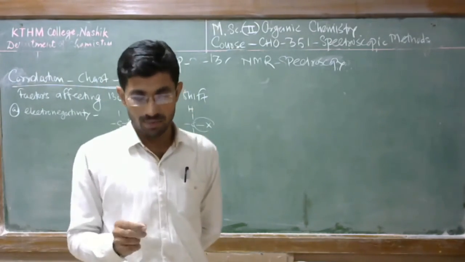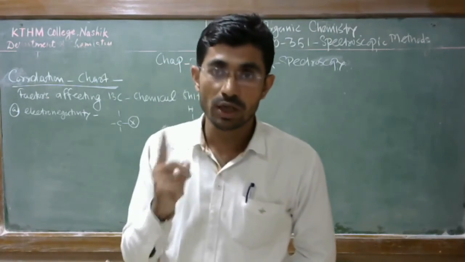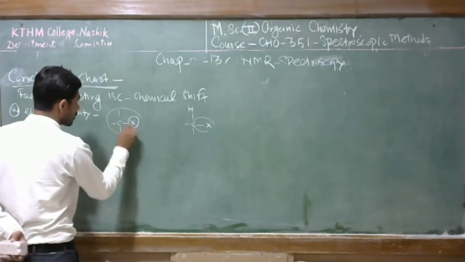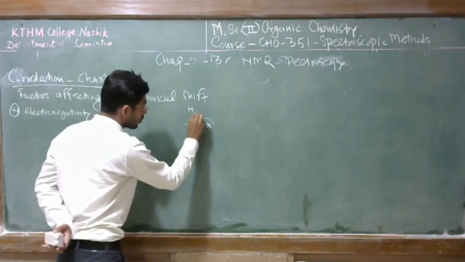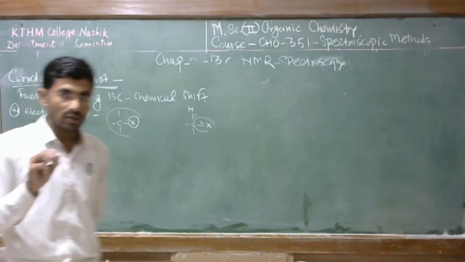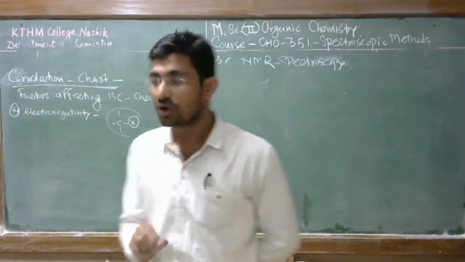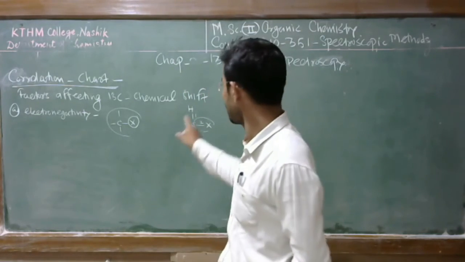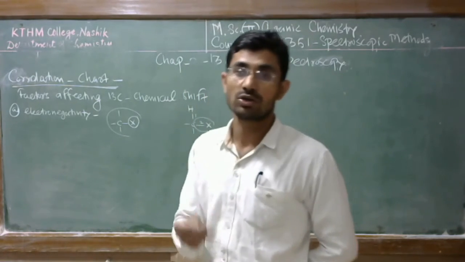So in 13C NMR, the effect occurs through only one bond. Here the effect occurs through how many bonds? One bond. But in 1H NMR, through how many bonds? Two. So the electronegativity effect occurs through one bond in 13C NMR, while in proton NMR it occurs through two bonds.